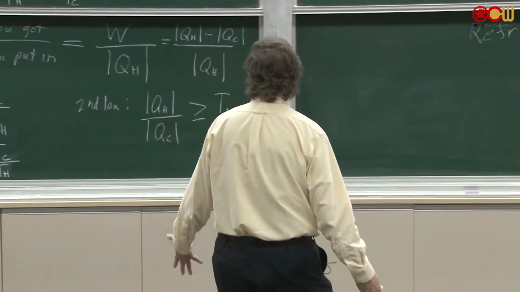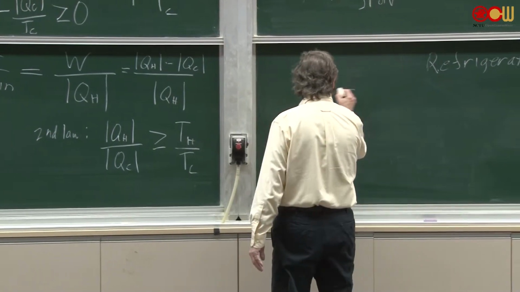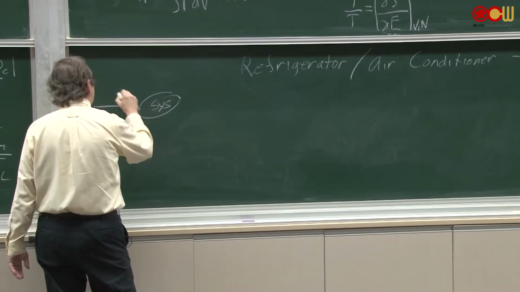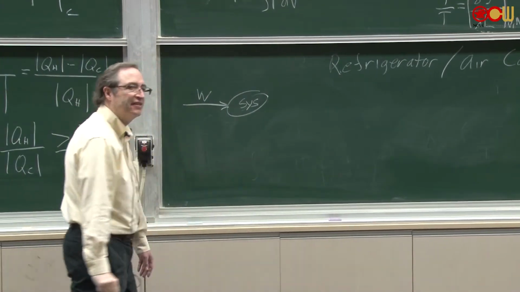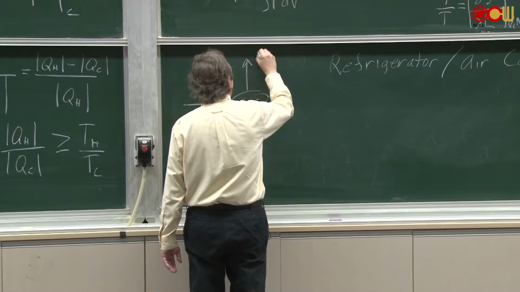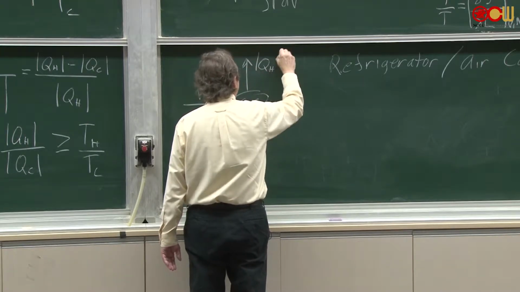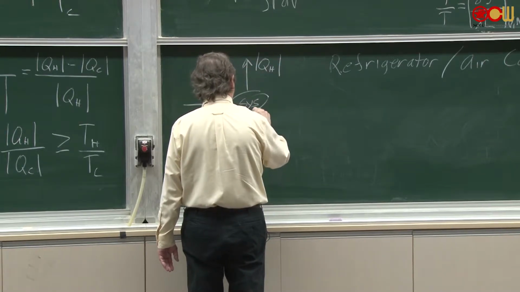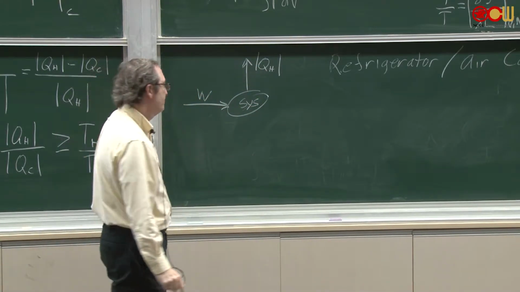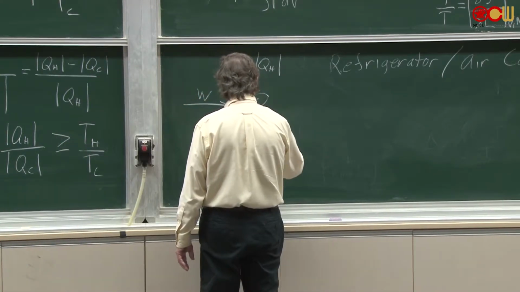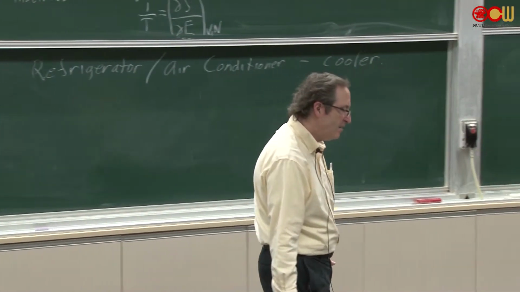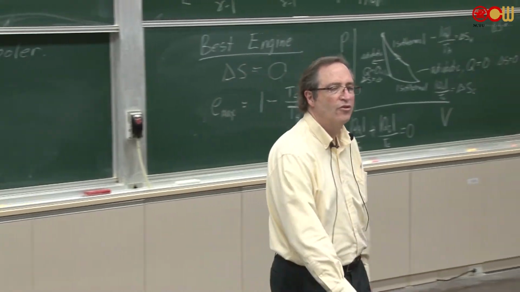That's all it is. So you have your system. You do work on the system. It puts out energy, all right? And it puts out energy, and that's what cools it down. But we have some energy going in. So it's the same kind of thing, but it goes in reverse.